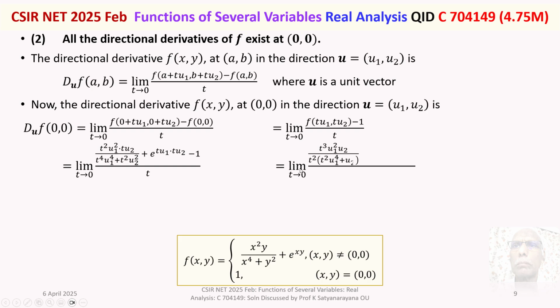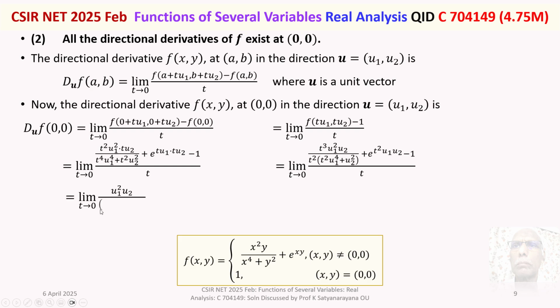Simplified, the limit as t tends to 0 of t cube u1 square u2 by t square u1 to the power 4 plus u2 square, taken common t square, plus e power t square u1 u2 minus 1 by t. Take the quotient part, and the t cancels.